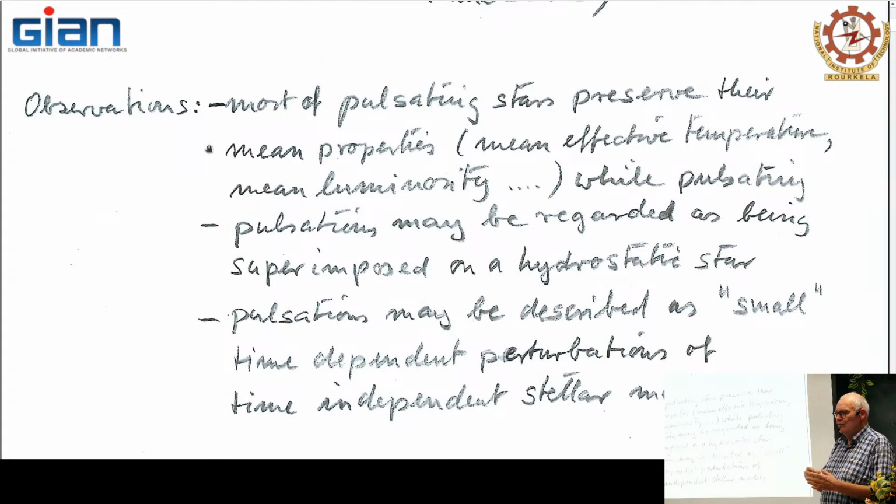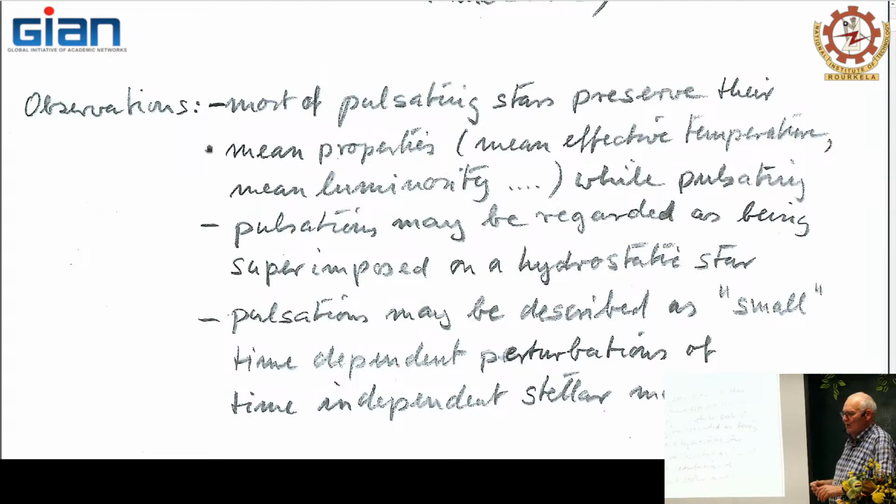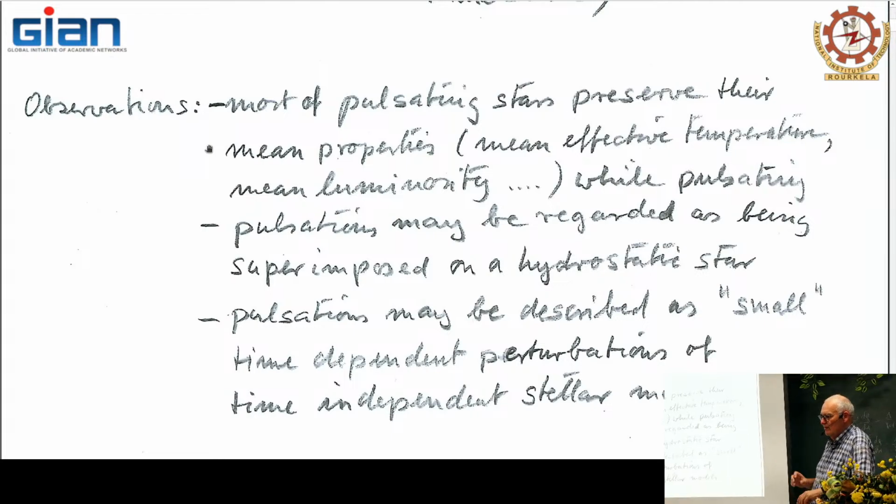If we consider the luminosity, for instance, for Cepheids the luminosity change is usually less than 0.1 magnitude, whereas the magnitude which corresponds to the total luminosity of the star is, say, third or fourth magnitude.